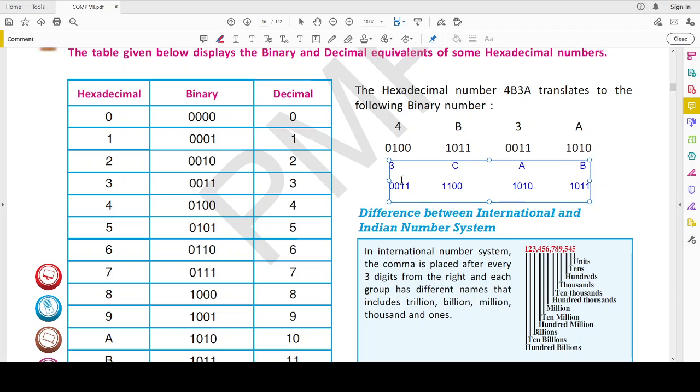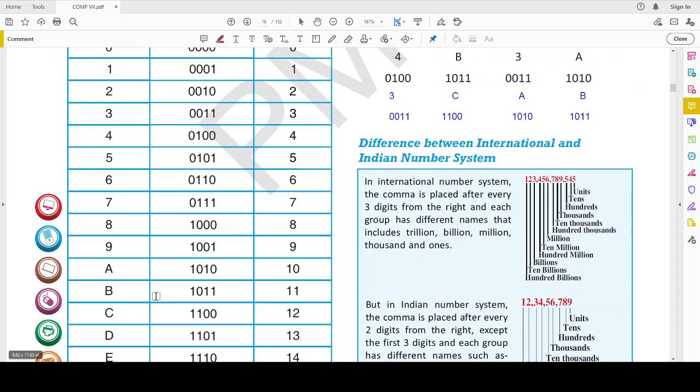If someone tells you to convert the hexadecimal number 3CAB, how will you convert? 3 means 0011, right? C is 1100. A is 1010.